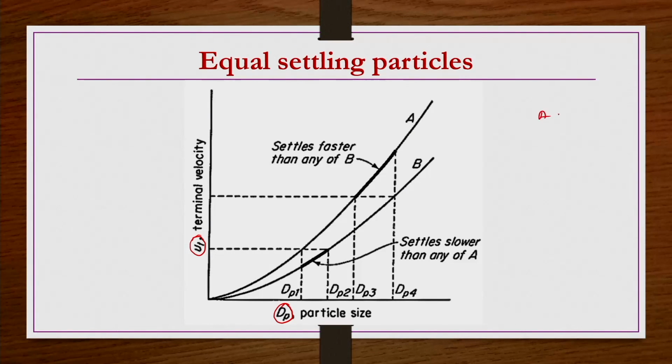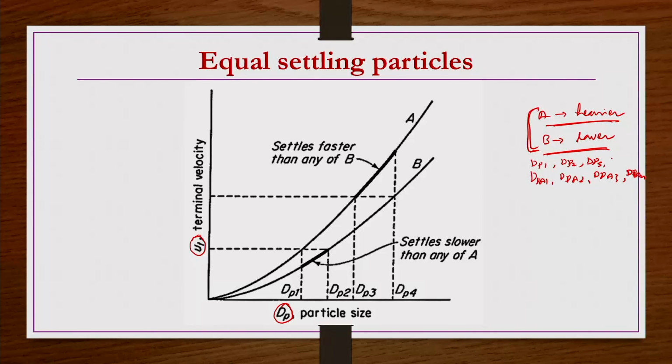Here A is the heavier, higher density material, and B is the lower density material. These materials have different size ranges, dp1, dp2, dp3, dp4, as designated in the picture.